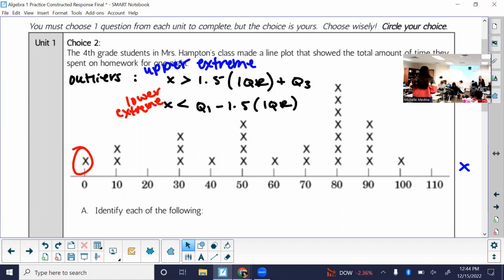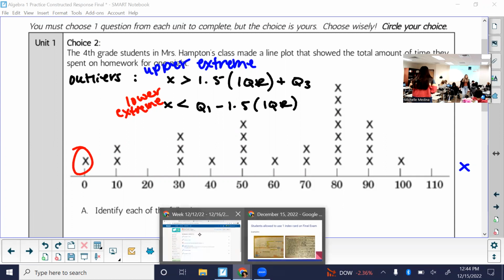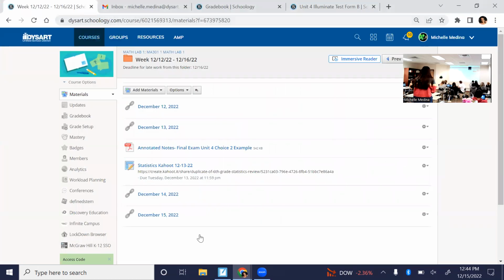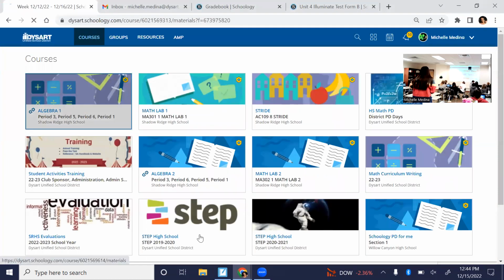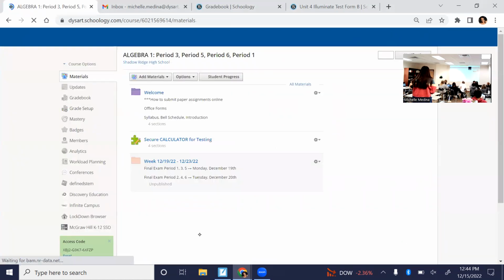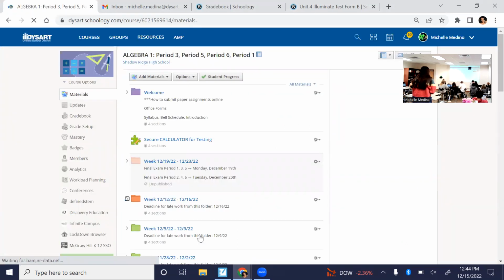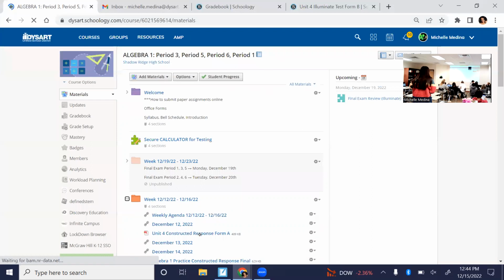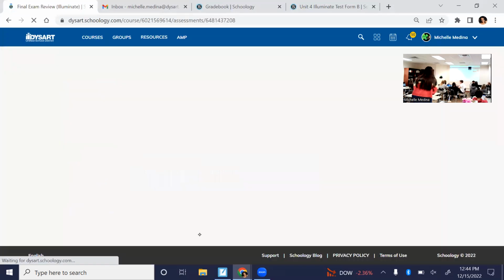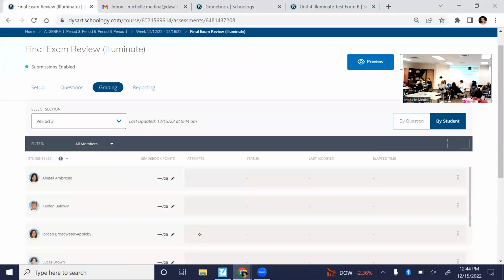Yeah. Okay. So if you have not worked on the puzzle piece yet, or maybe you are, maybe look at number 3 so you can make sure you got it right. But number 3 on the final exam review in Schoology.